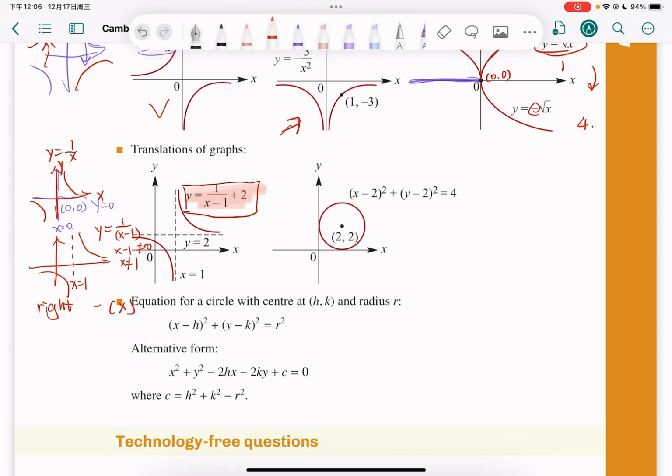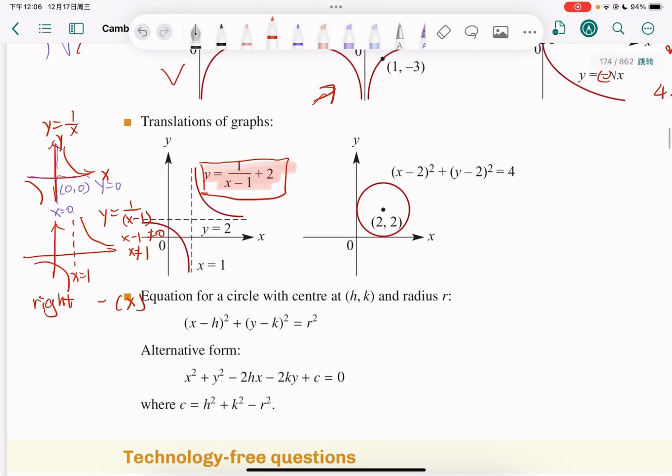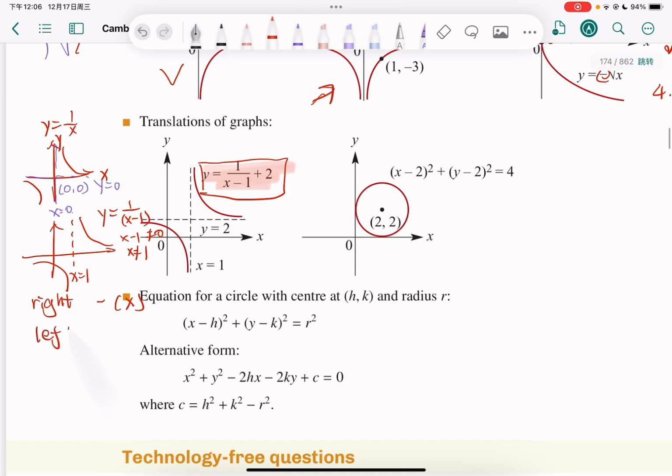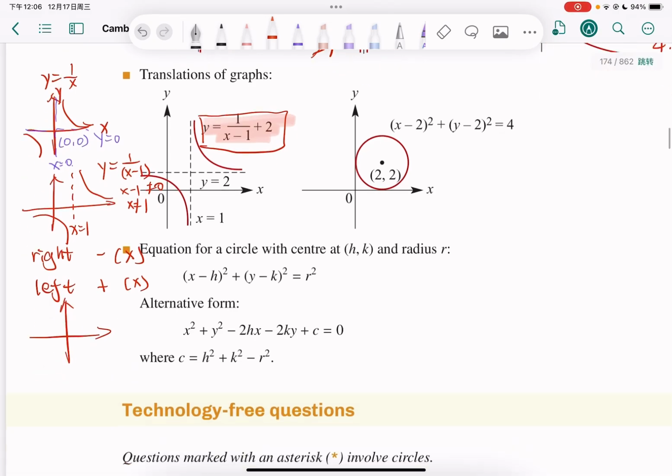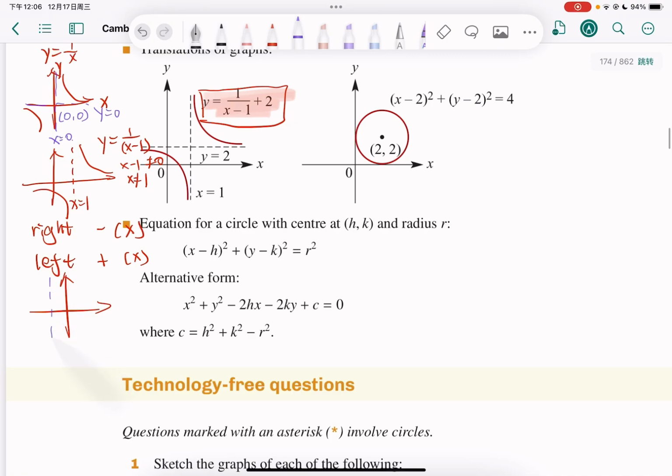So if we move to the left instead, then it actually means plus for the x value. So instead, we move to the left, it will become x equal to negative 1. So x cannot take the value of negative 1, which means we have to do x plus 1. Because x plus 1 cannot be 0, x cannot be negative 1.